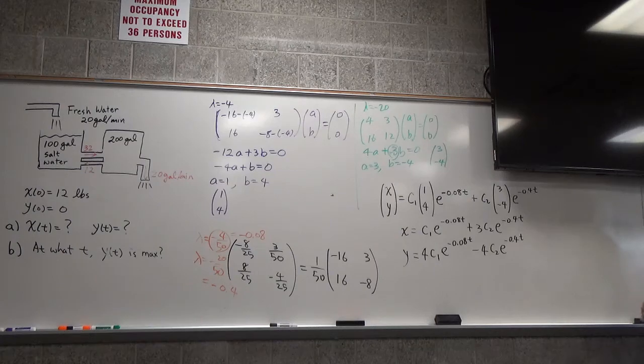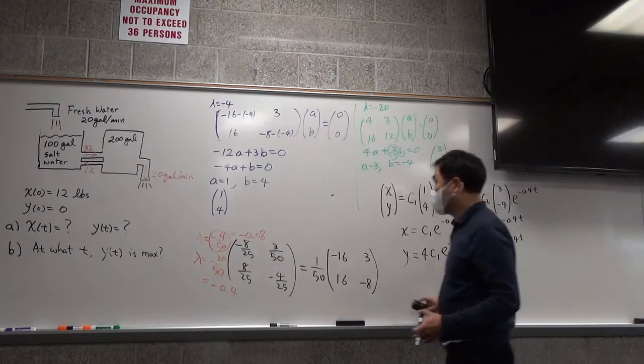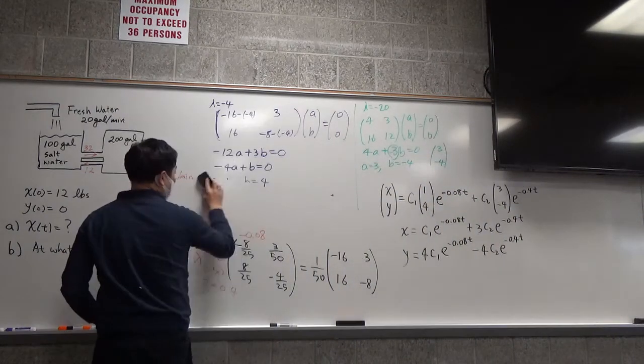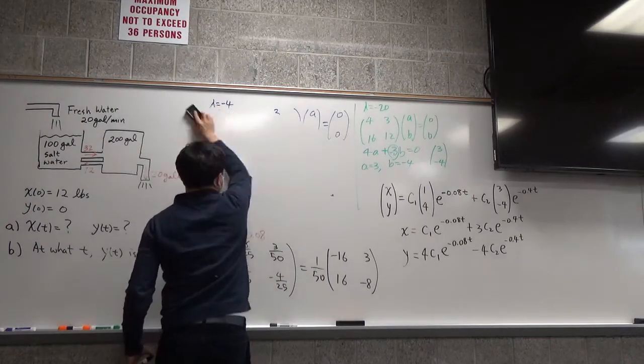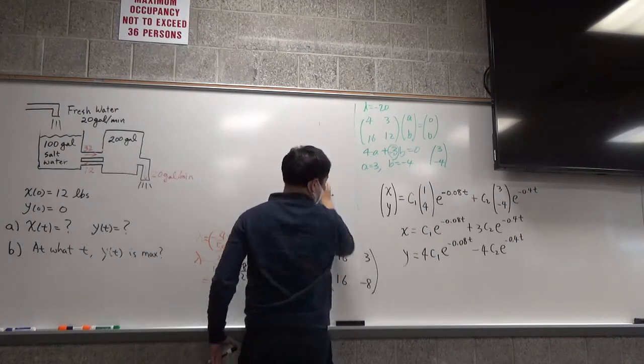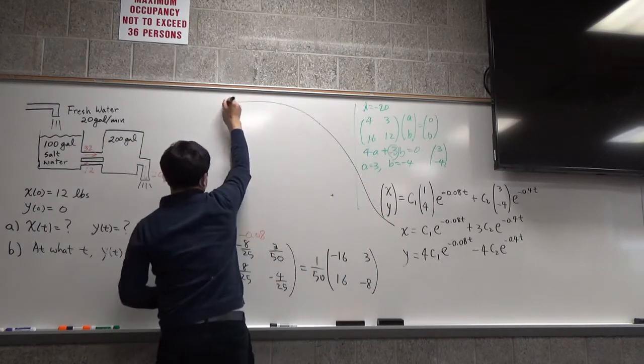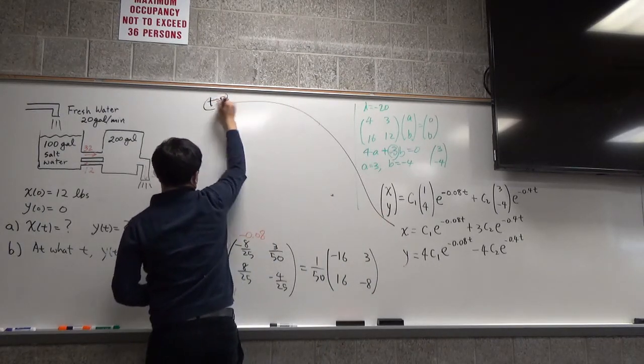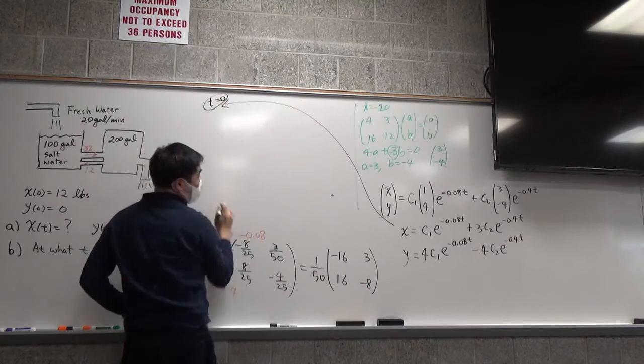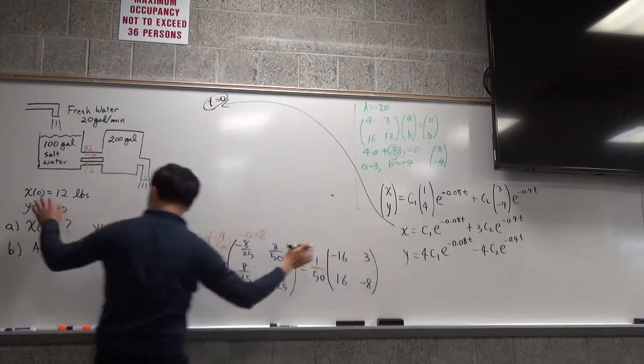And then we have to plug in the initial values. So let's write down what happens if we set t equals 0. If you set t equals 0, x of 0 is what? 12.